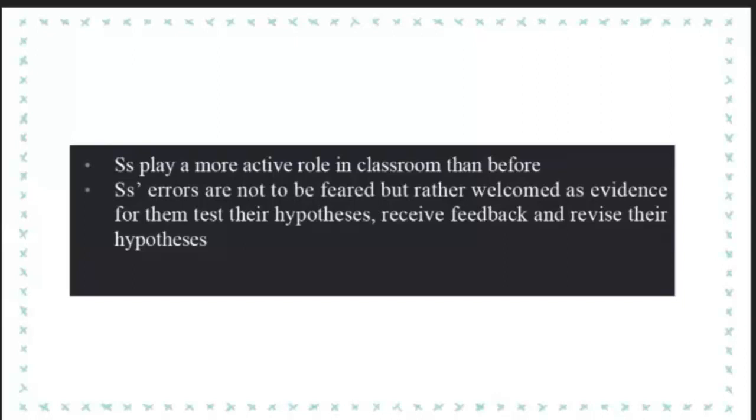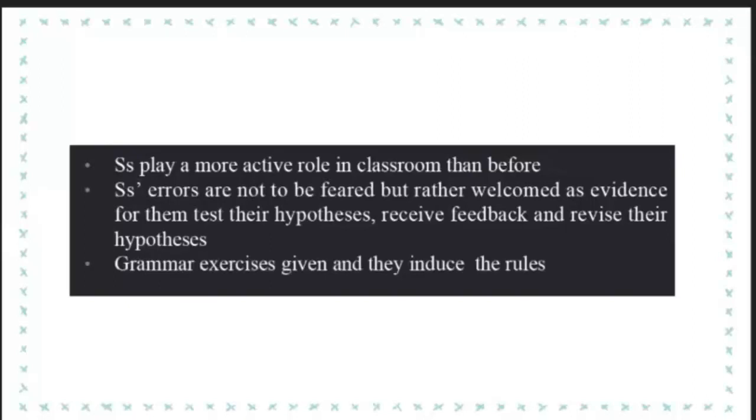So students play a more active role in the classroom than before, and student errors were not feared. Students were welcome to make mistakes as evidence to test their hypotheses, receive feedback, and revise them. The grammar structure was also given to students as a rule.